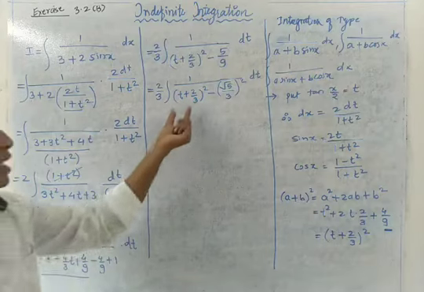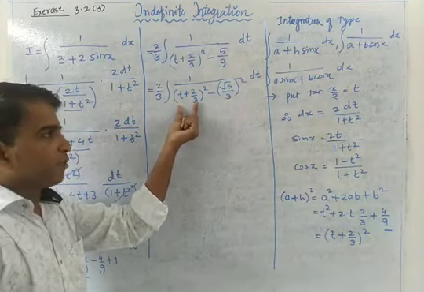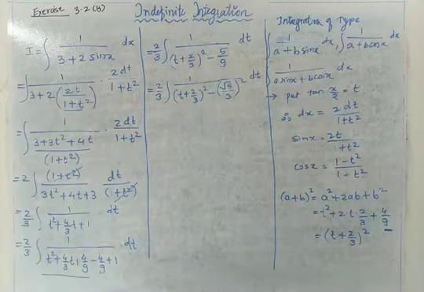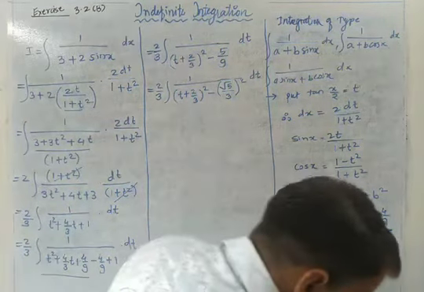And now it looks like 1 upon x square minus a square. And what is the formula for 1 upon x square minus a square? Please check that formula.